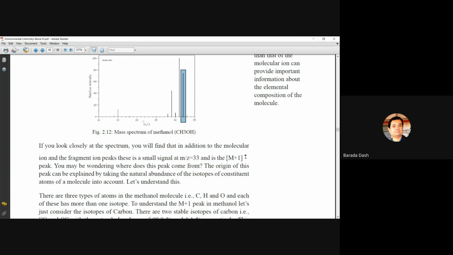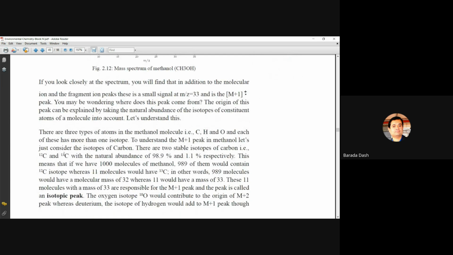M by z is the mass per charge ratio, and the y axis is the relative intensity. On 33, the M plus 1 peak is coming from the carbon 13 isotope, because of the presence of carbon 13.